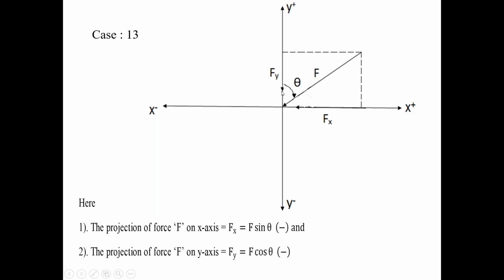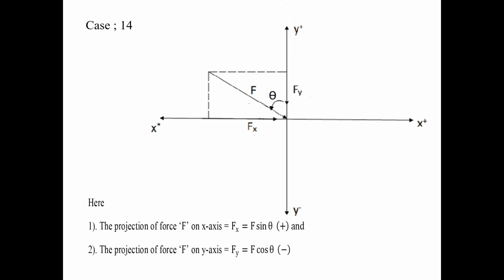Fy is a negative projection. So this is the 13th condition. Now the 14th condition. Here also the force F is making the angle theta with the y-axis. So Fx projection is f sin theta, Fy projection is f cos theta, Fx is a positive projection, Fy is a negative projection.